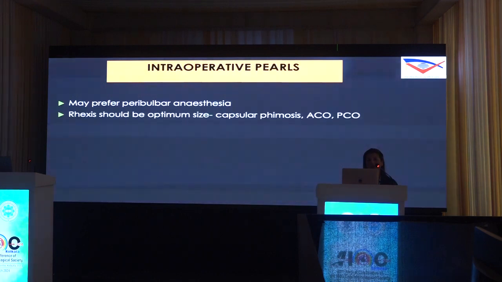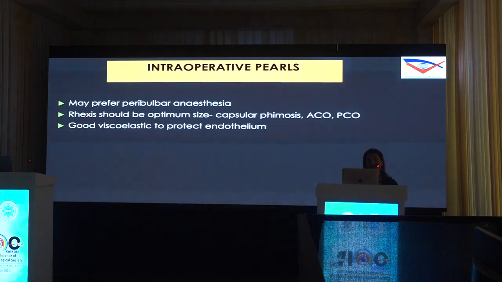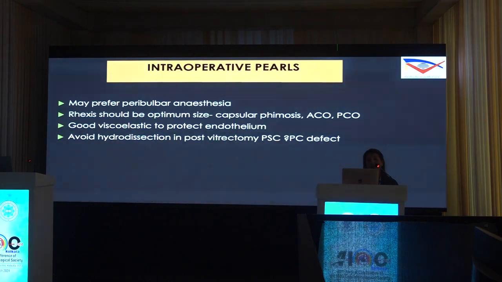A few intraoperative pearls that I would like to specify is that you may like to do the patient under peribulbar anesthesia. The rhexis should be of optimum size, as these patients can undergo capsular phimosis, and also you would like to visualize the fundus post-operatively. A good viscoelastic I've already mentioned. And in patients who've undergone multiple injections, you should be careful about the hydrodissection, because some of these patients who've undergone vitrectomy could have a posterior capsular defect.